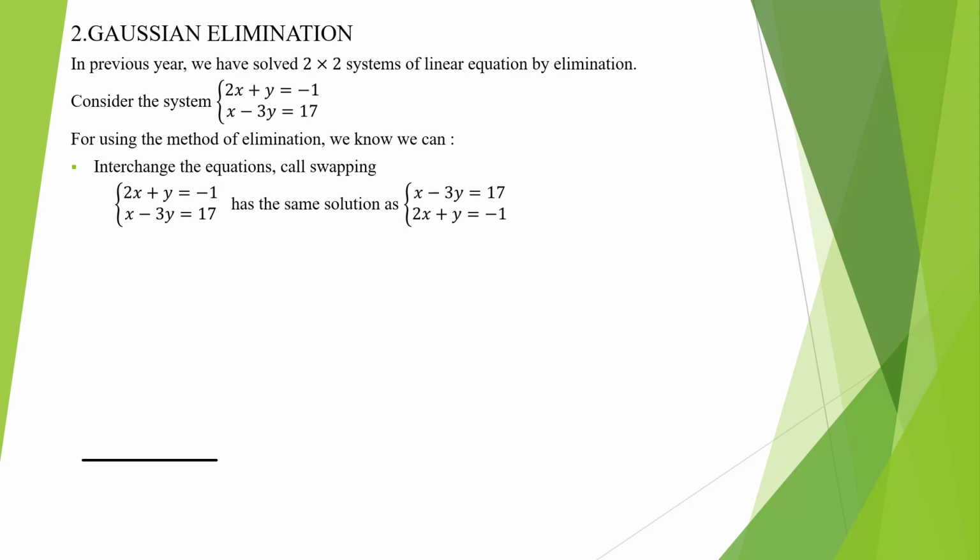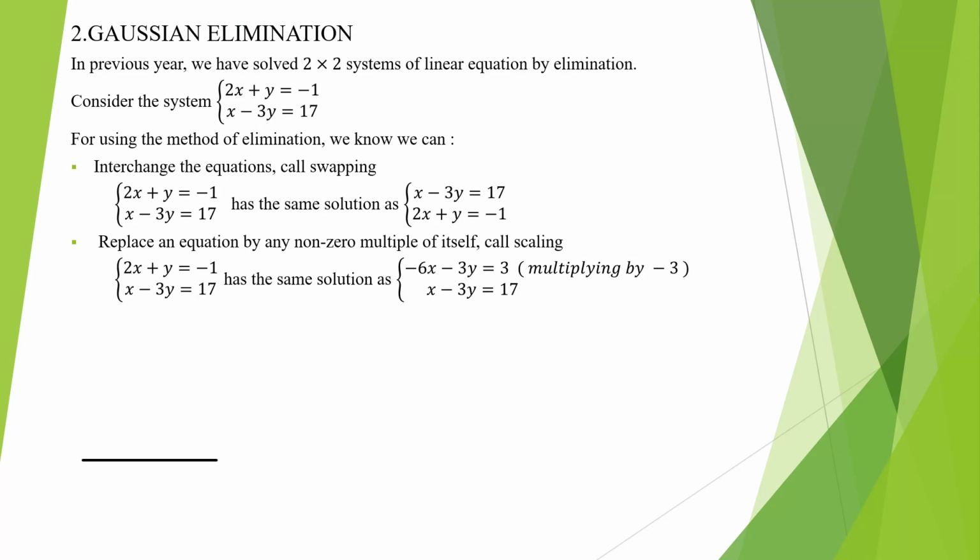And replacing an equation by a non-zero multiple of itself is called scaling. We can multiply an equation by a non-zero number. For example, equation 1 multiplied by minus 3 gives minus 6x minus 3y equals 3.